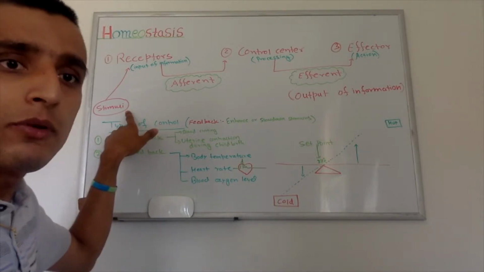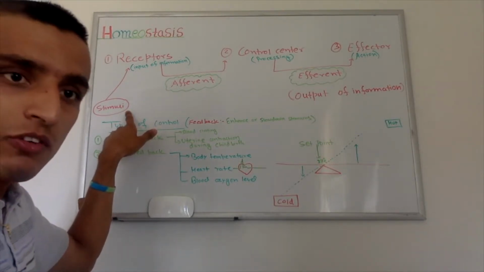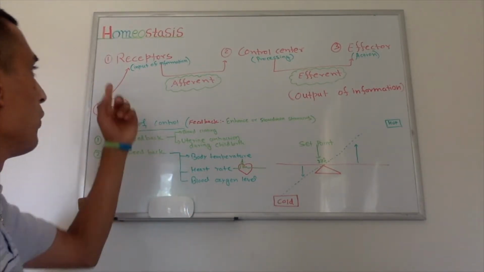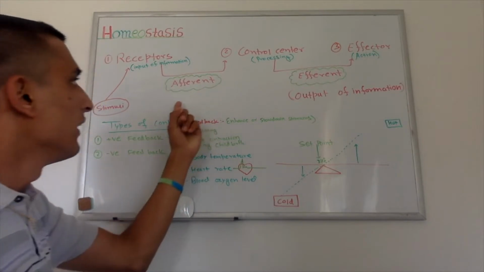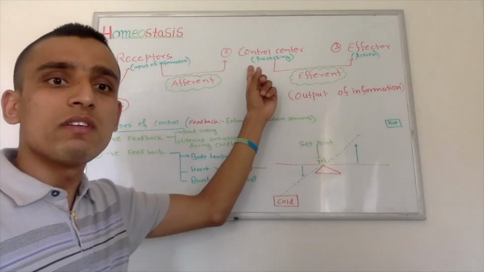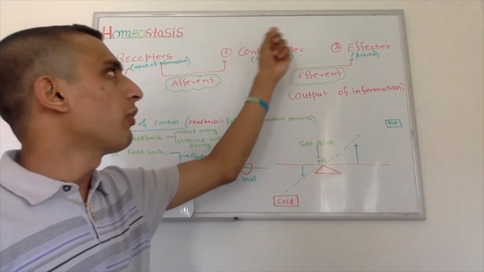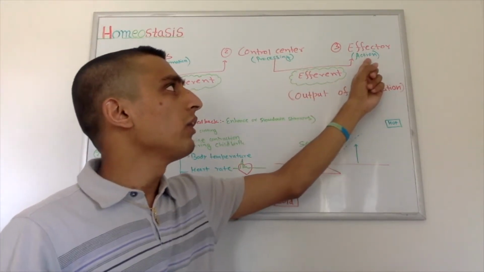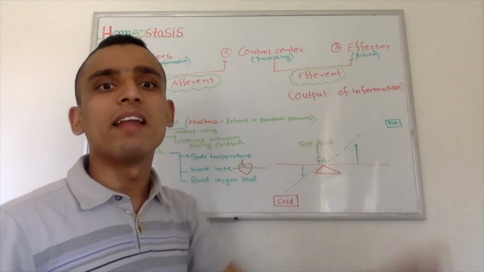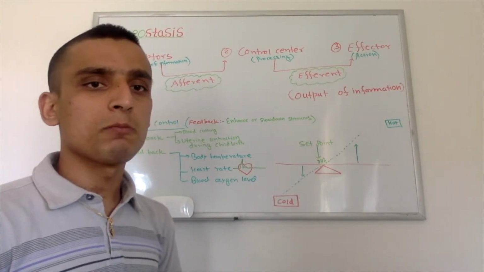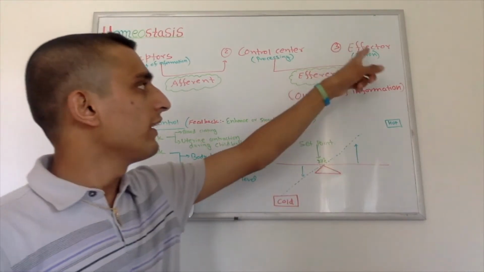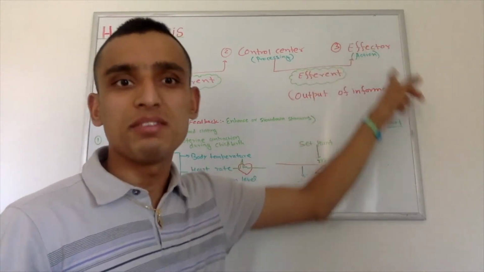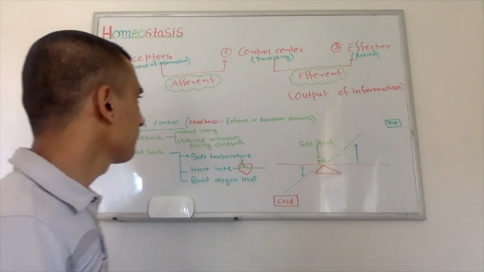Stimuli may harm you or may suggest some information too, but stimuli are of different types. When the receptors get the information, it goes through the afferent pathway to the control center. The information is processed there, and through the efferent pathway, the command goes to the effector and the action happens. I will give an example right here about how the effector receives that information and what happens.